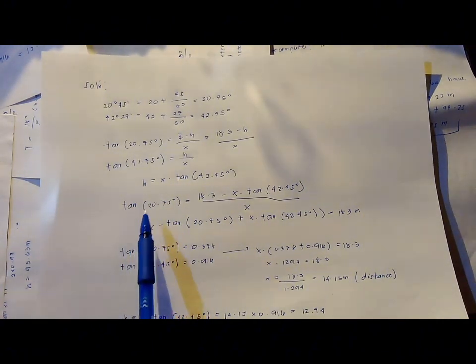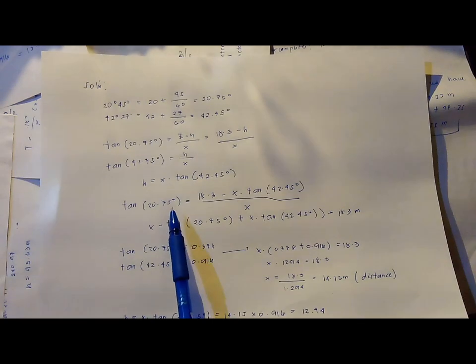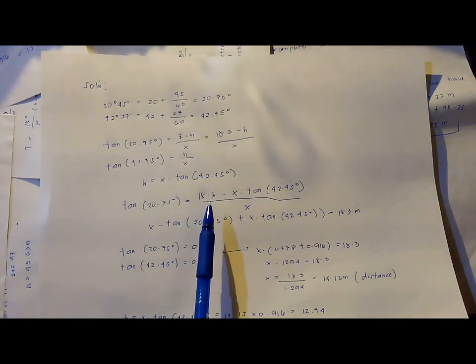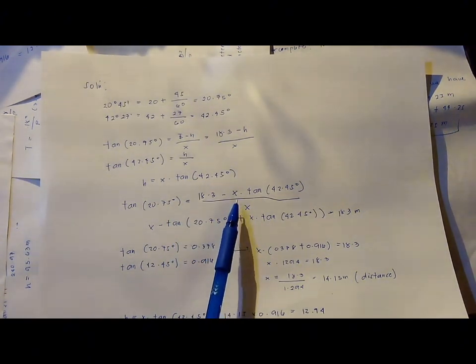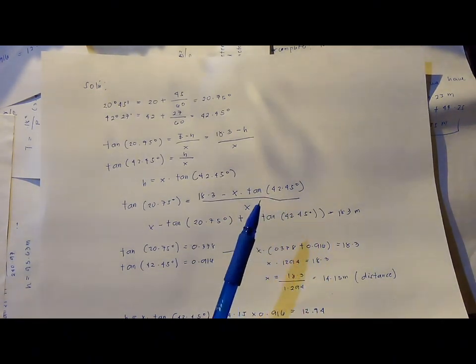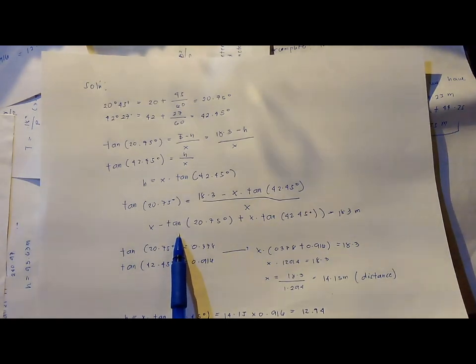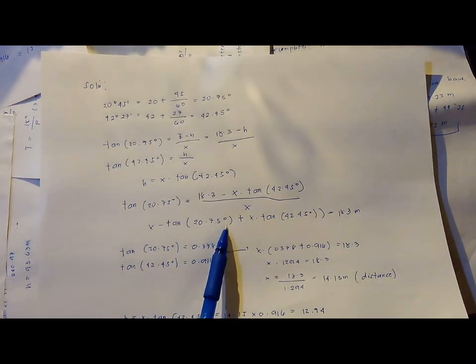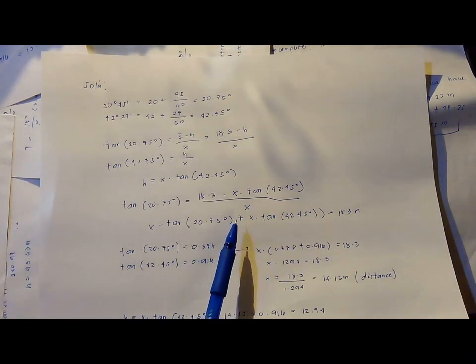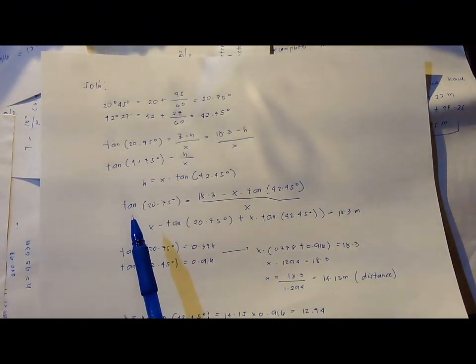Plug into equation 1: tan 20.75 degrees equals 18.3 minus X times tan 42.45 degrees, over X. Multiply both sides by X.